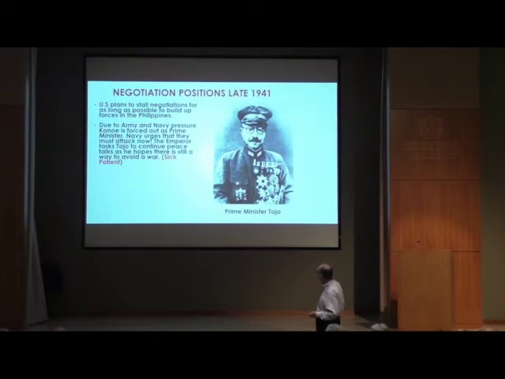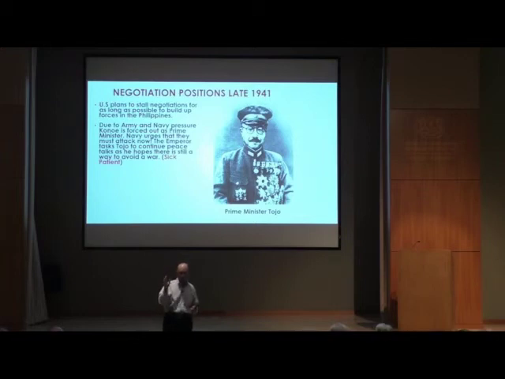Well, Konoe is forced out as prime minister, and the Navy, realizing that the U.S. is getting more and more powerful, demands that they begin the attack immediately. And the emperor tells Tojo, look, we need to continue to negotiate. This is very risky. This is a very dangerous thing to have this war. And what happens is they give the emperor what is known as the sick patient story.